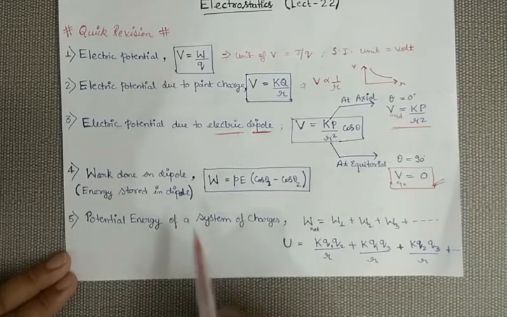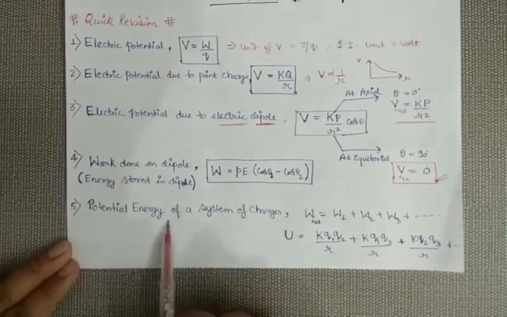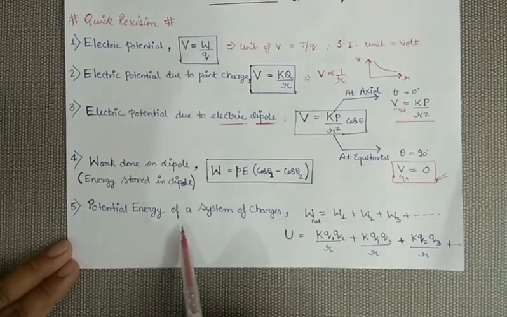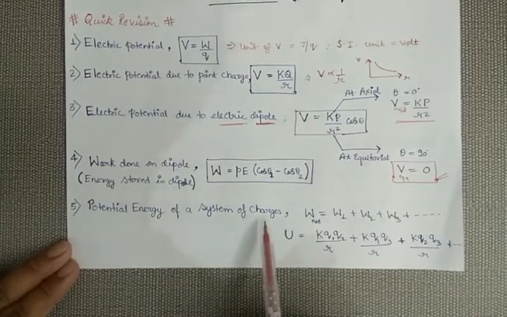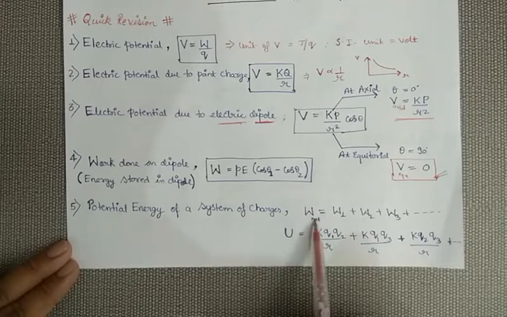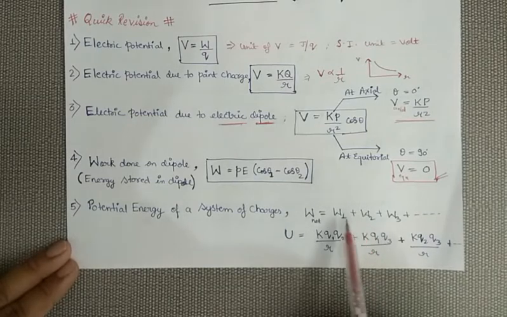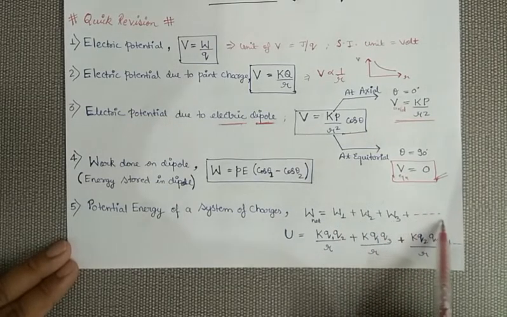Then after, potential energy for a system of charges, or you can also say the work done for a system of charges. To find the net work done, we need to find the work done by individual charges. So these are W1, W2, W3 and so on.